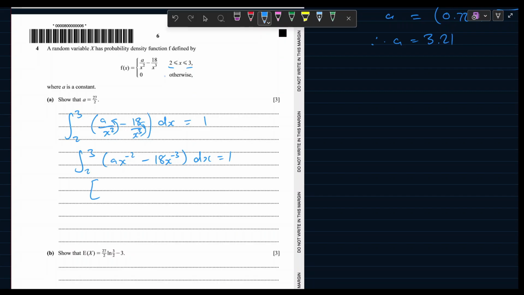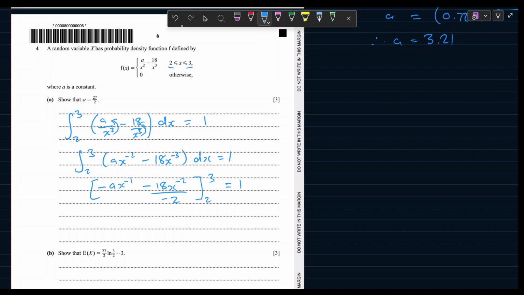So ax to the negative 2, add 1 to the power, that becomes ax to the negative 1, divide by negative 1, so that's just negative ax to the negative 1. Then we've got negative 18x, add 1 to the power, that becomes negative 2, then divide by this negative 2. And our limits are from 2 to 3, and this is equal to 1.